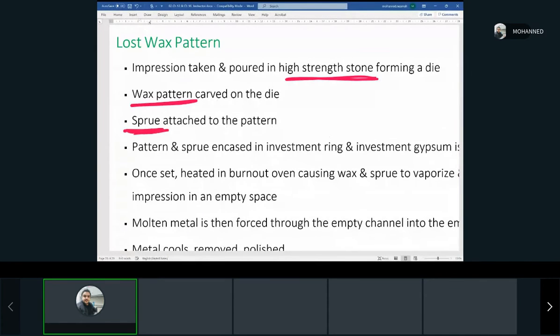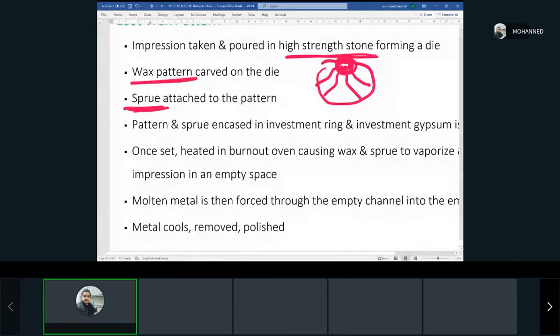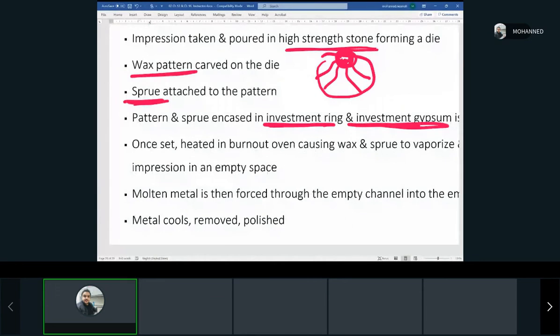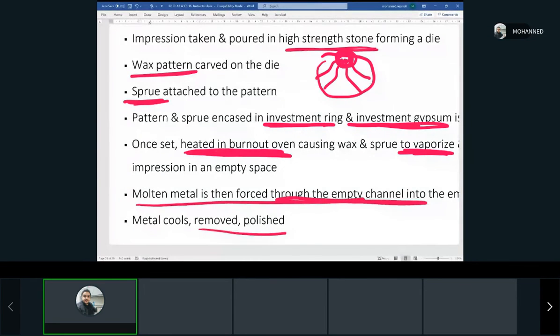These are the waxes that she put on to connect, and then the big thing on the top, that's the sprue. You put in an investment. An investment is the gypsum that she poured into that material. You heat it in a burnout, right? And you make the wax evaporate. And then the molten metal is forced through that channel that is empty, and then you can take it out.